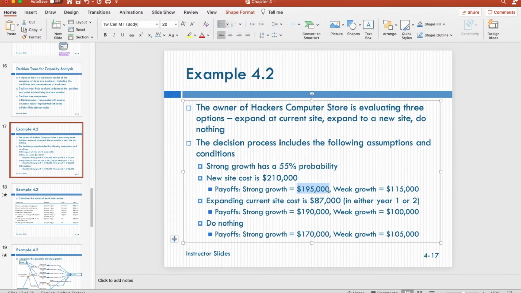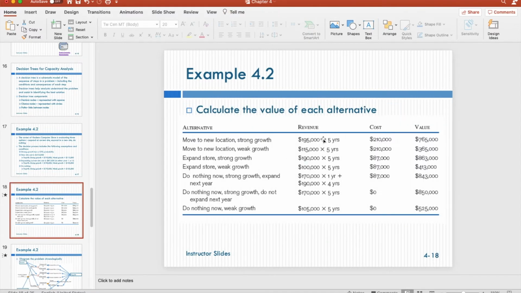How much revenue can you generate in total? Very simple: for the next 5 years you just multiply by 5. That's why the revenue is 195,000 times 5.